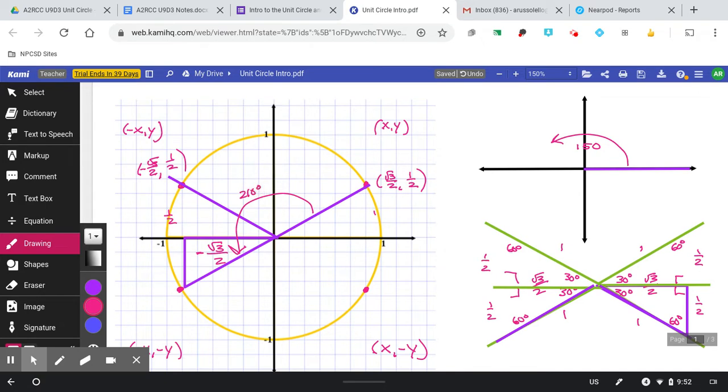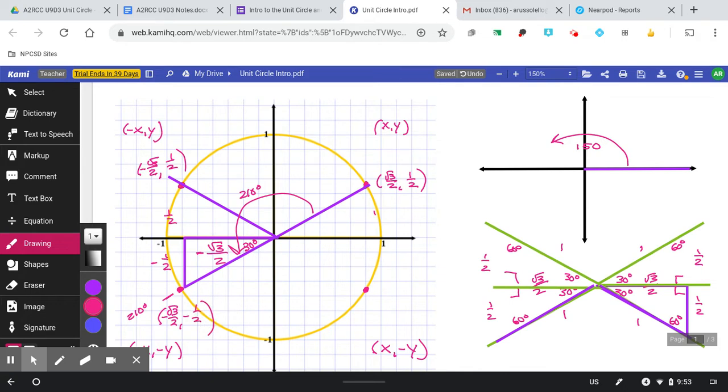That's 210 degrees, so this point here is 210. That means our reference angle is 30 degrees. Again, this is 1/2, but this time it's going to be negative, and this is negative radical 3 over 2. So here it's negative radical 3 over 2, negative 1/2.